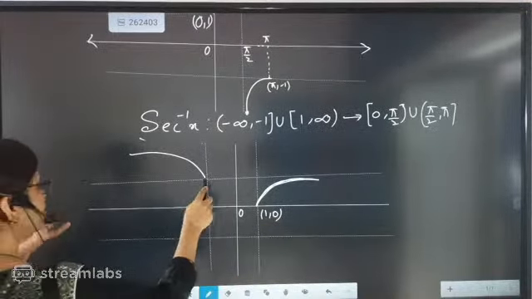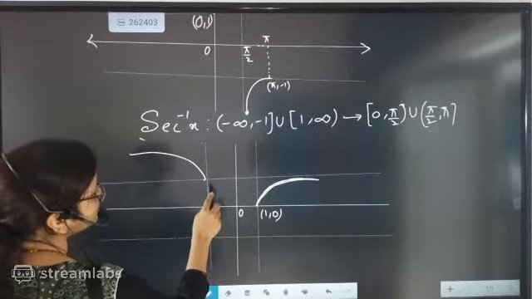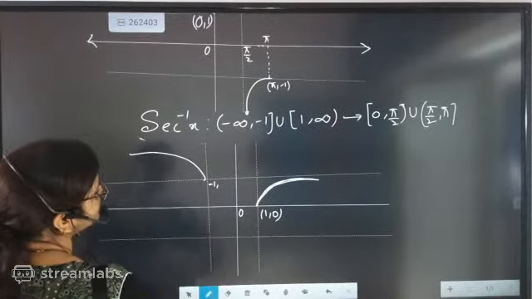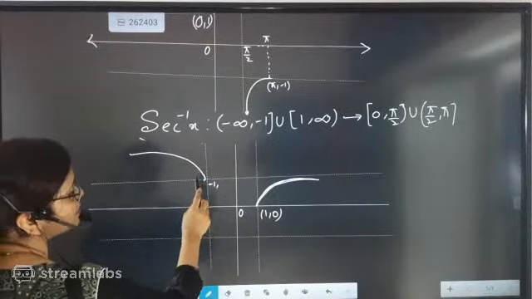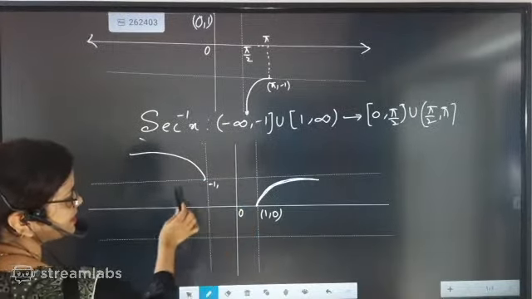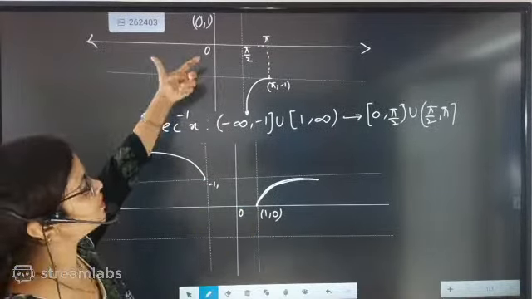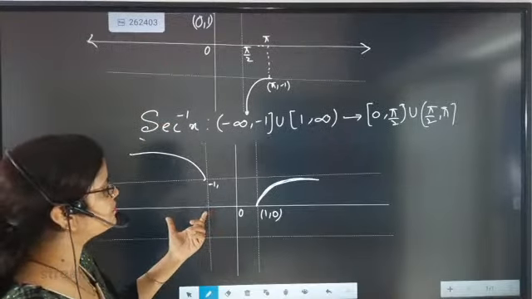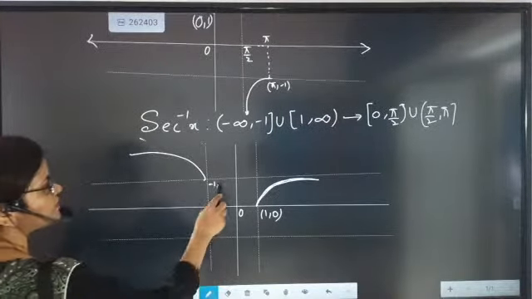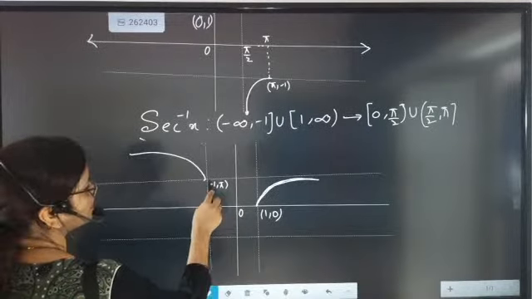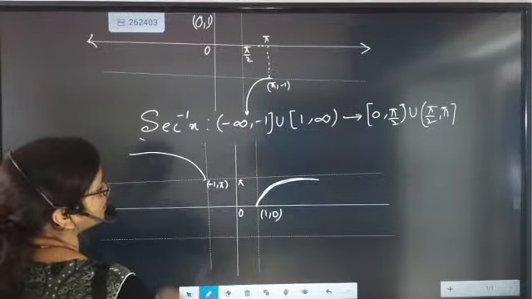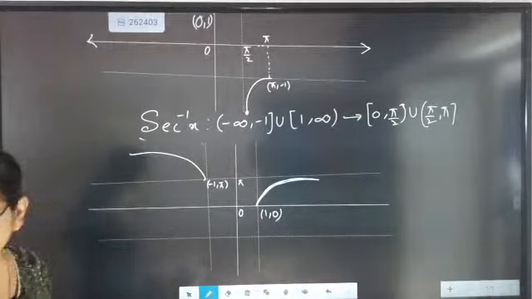This section will go negative because now x will become negative here. So minus 1 will come here. Remember, this side is x negative now because you have changed the x and y parts. So it will be exactly minus 1 and pi will come here. Now this section will be pi.